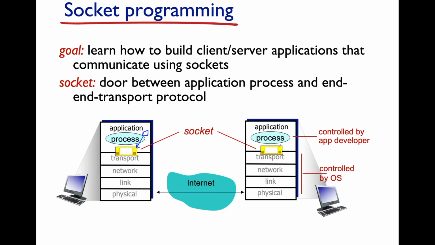Likewise, the opposite happens if the process on the right pushes a packet into its transport layer socket, and it comes out on the other side, delivered to the process of interest on the left-hand endpoint in this communication. And so the socket, as described in the book, and I like that analogy, some might not, acts like a magic door between the two application processes scattered between the host on the left and the host on the right.